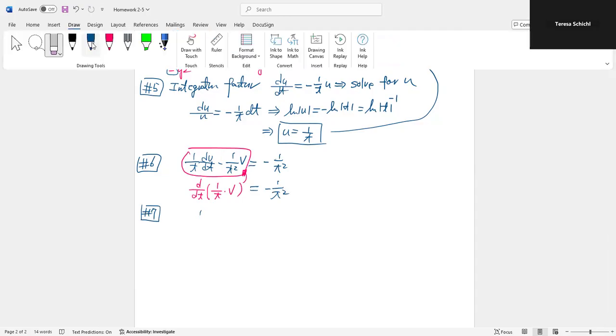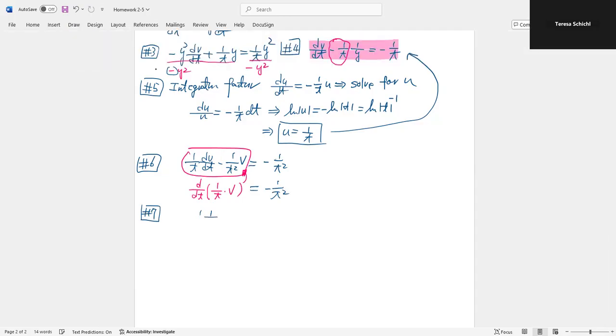Okay, so here I will have 1 over t times v is equal to the integral here of negative 1 over t squared. So it will give me 1 over t plus c. That's right.